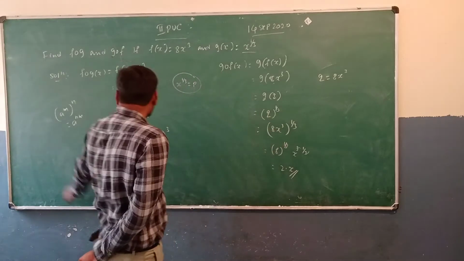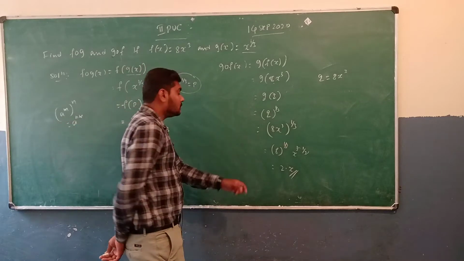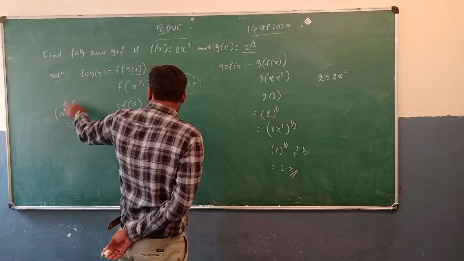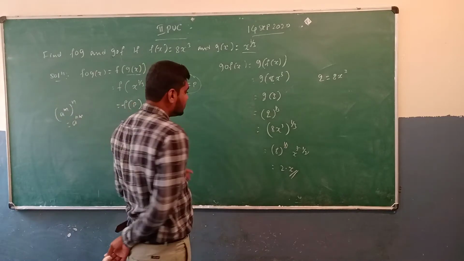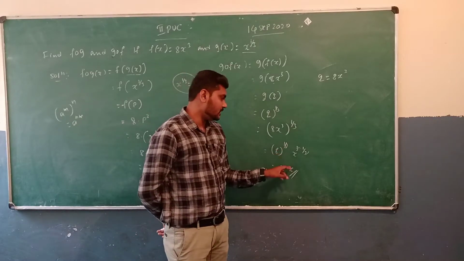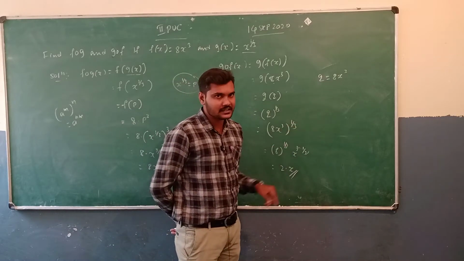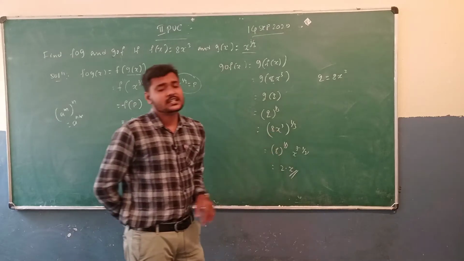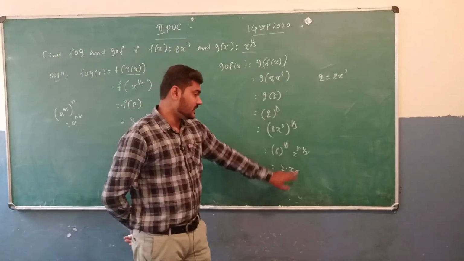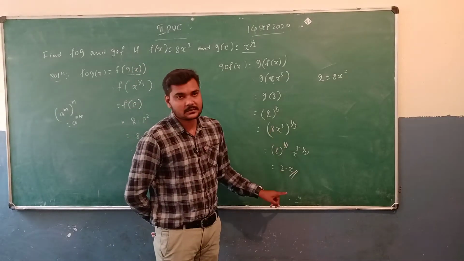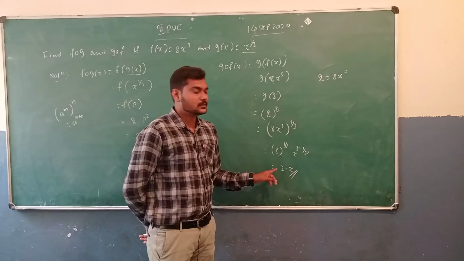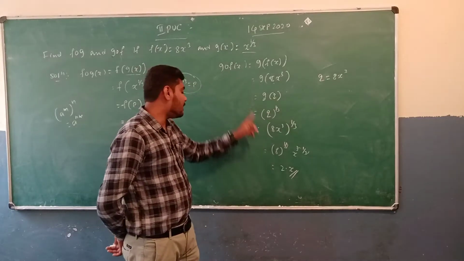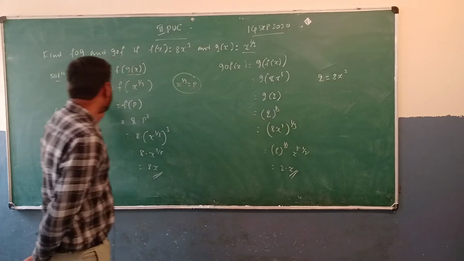Again using the concept of exponents, a to the power m to the power n is a to the power mn. So it's going to be 8 to the power 1 by 3, x to the power 3 into 1 by 3. The 3s cancel, and the remaining thing is x. 8 to the power 1 by 3 is nothing but 2. So the final answer of gof of x is nothing but 2x, and fog of x is nothing but 8x.